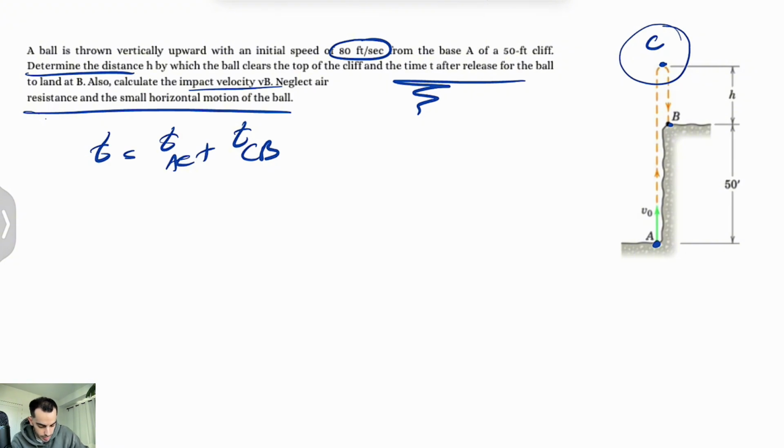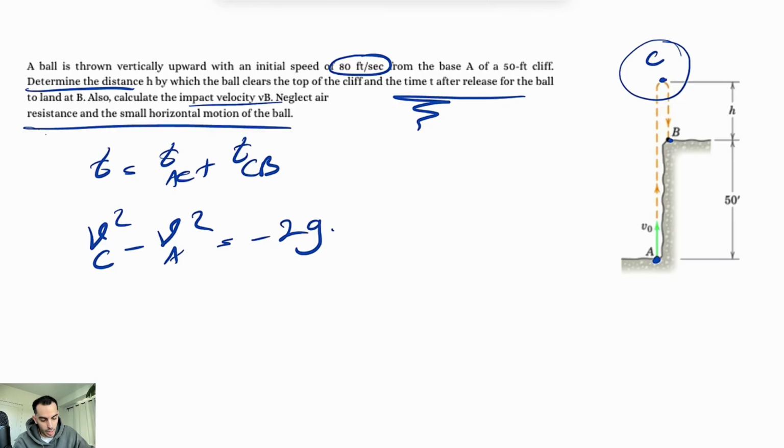So VC squared minus VA squared is going to be negative 2g times the height that we are traveling. We can show that location with S, so SC minus SA. We're going to put our origin for y in here, so we're going to consider this as 0. So C would be basically 50 plus H.